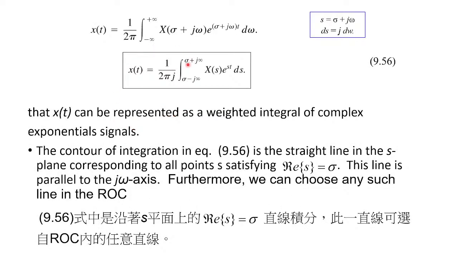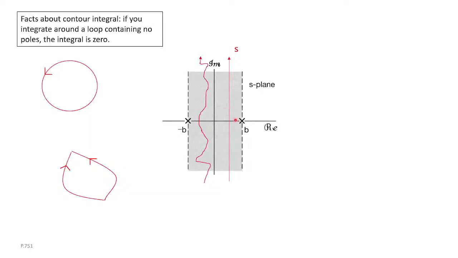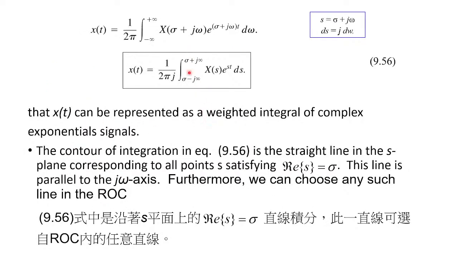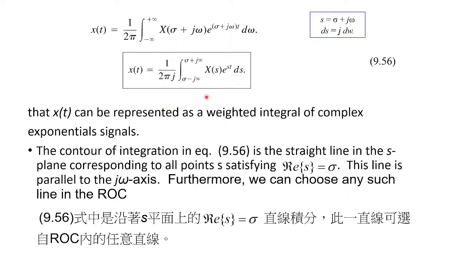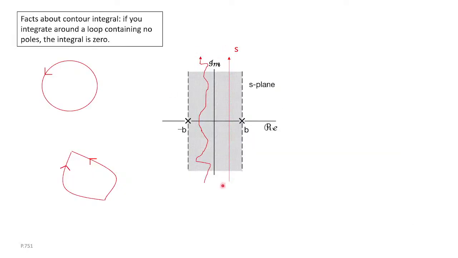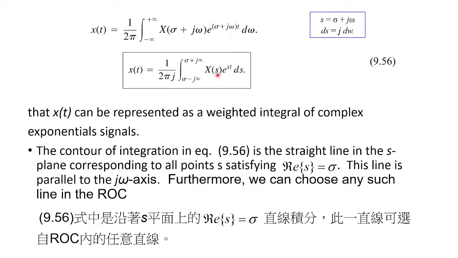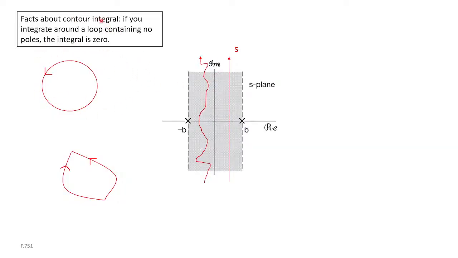Because you have sigma here, and sigma is kind of arbitrary. It just needs to be something inside this ROC. Sigma is arbitrary inside the ROC, and that means that this number doesn't depend on sigma as long as sigma is in the ROC. And that's true because of the property of the contour integral. We call it a contour integral because it's usually some weird path inside the complex plane.